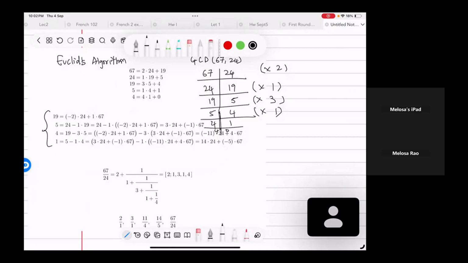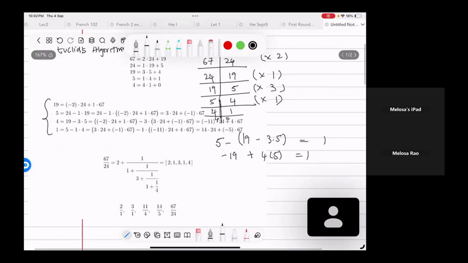So 1 can be written as 5 minus 4. And then we can write 4 in terms of 5 and 19. So 4 can be written as 19 minus this. So now simplifying this, we'll get minus 19 plus 4 times 5.